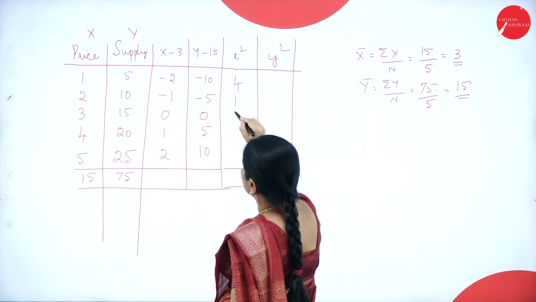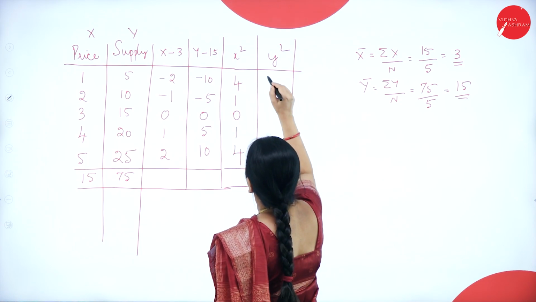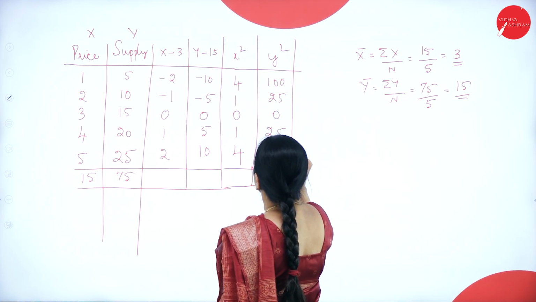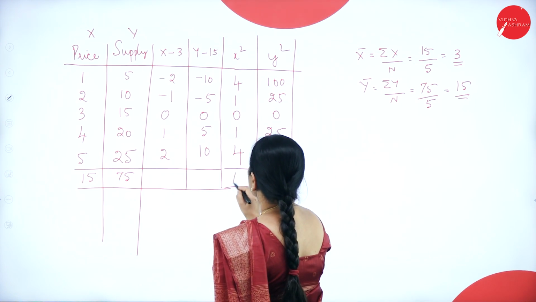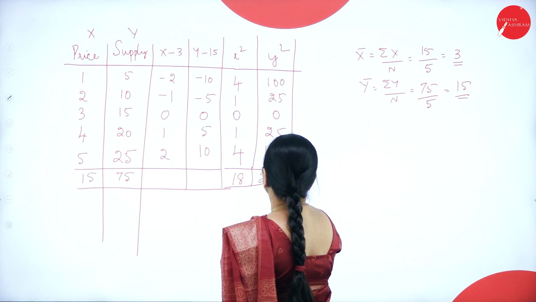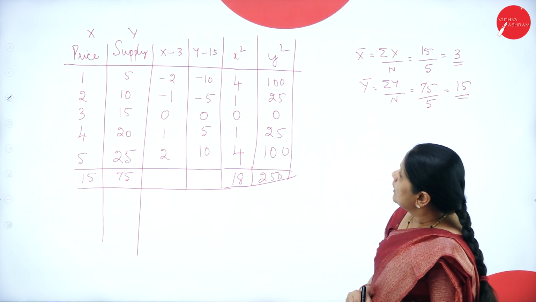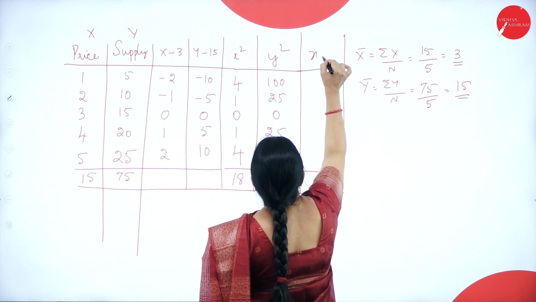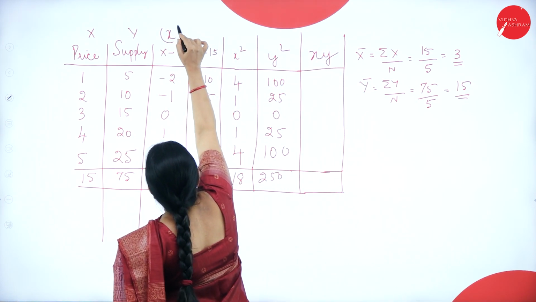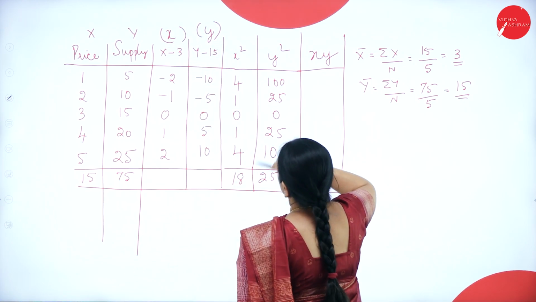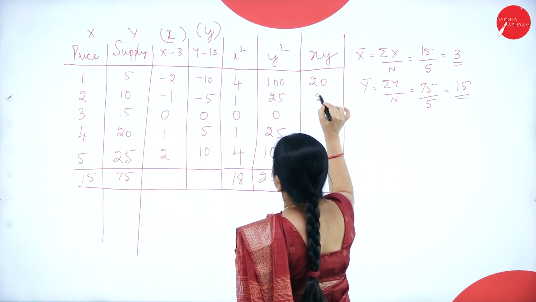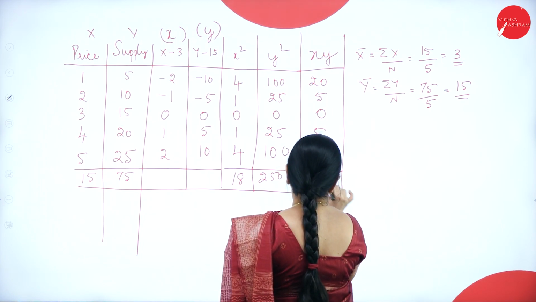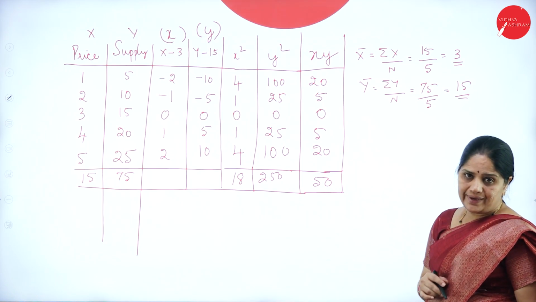So 4, 1, 0, 1, 4, which sums to 10. Then 100, 25, 0, 25, 100, which sums to 250. Now we have the xy column here.